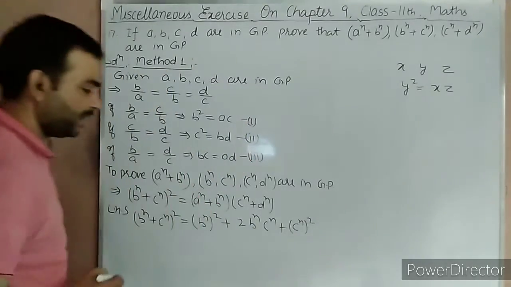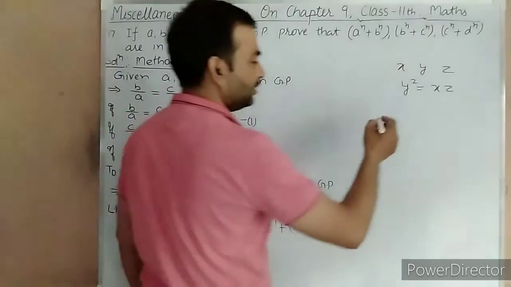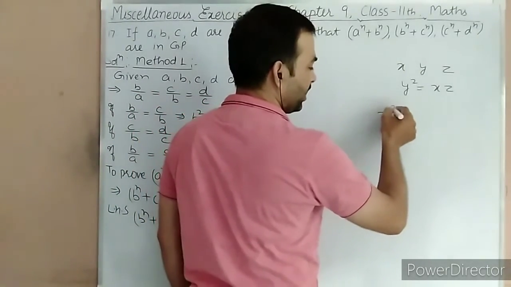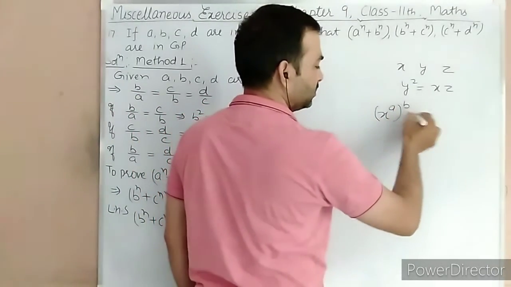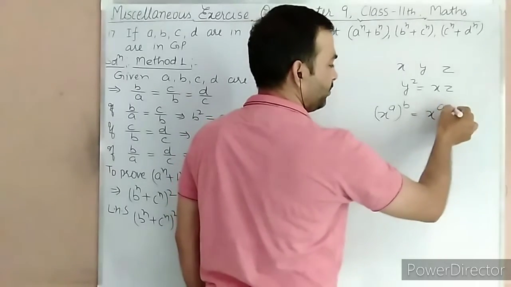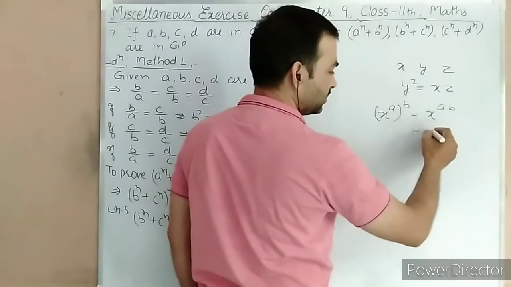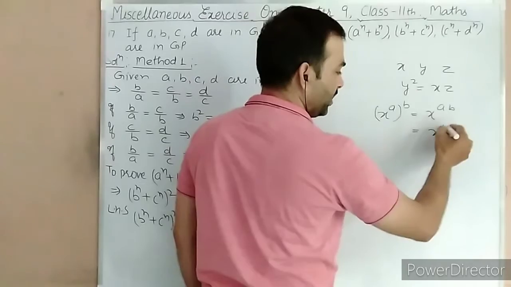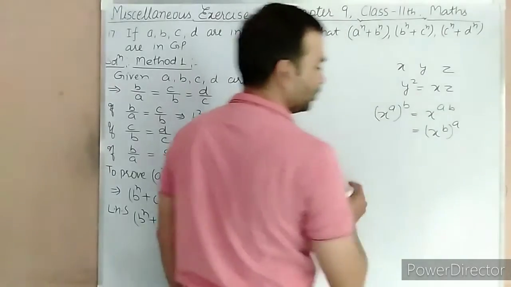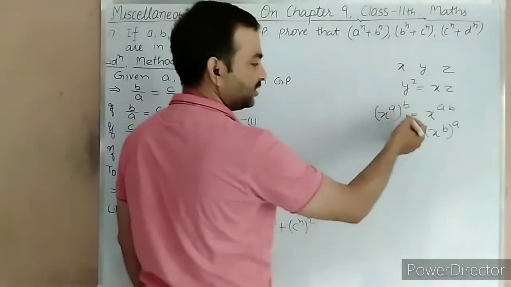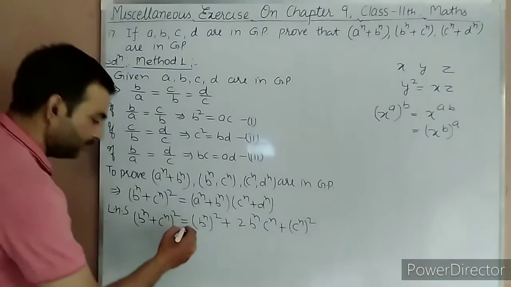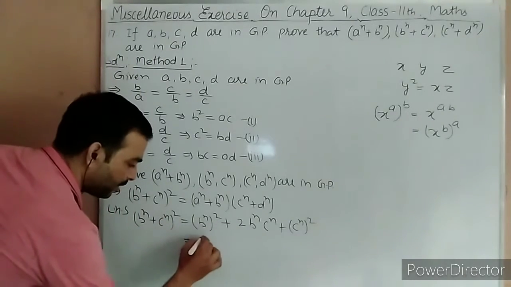Now you know very well that x power a power b means x power a into b. It can be written as x power b whole power a also. So the powers can be changed. Therefore, this is equal to B power 2 whole power n.